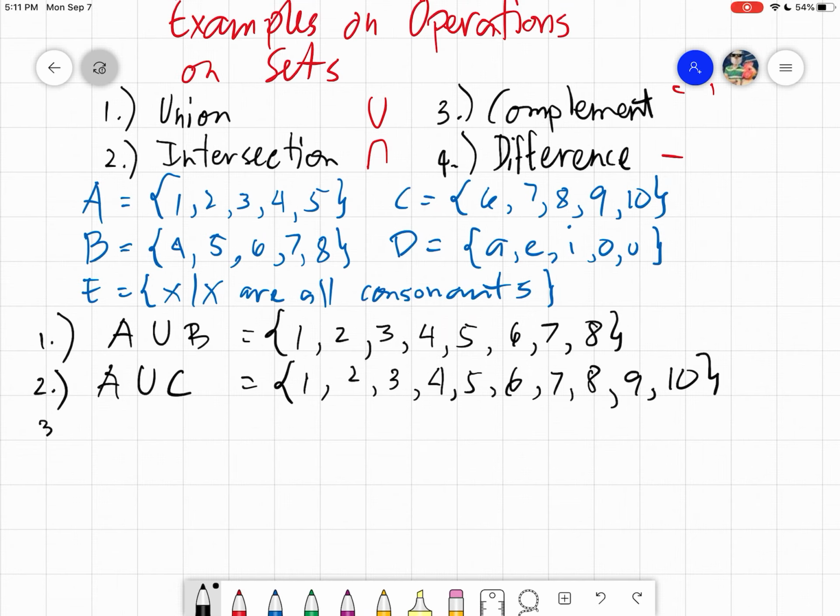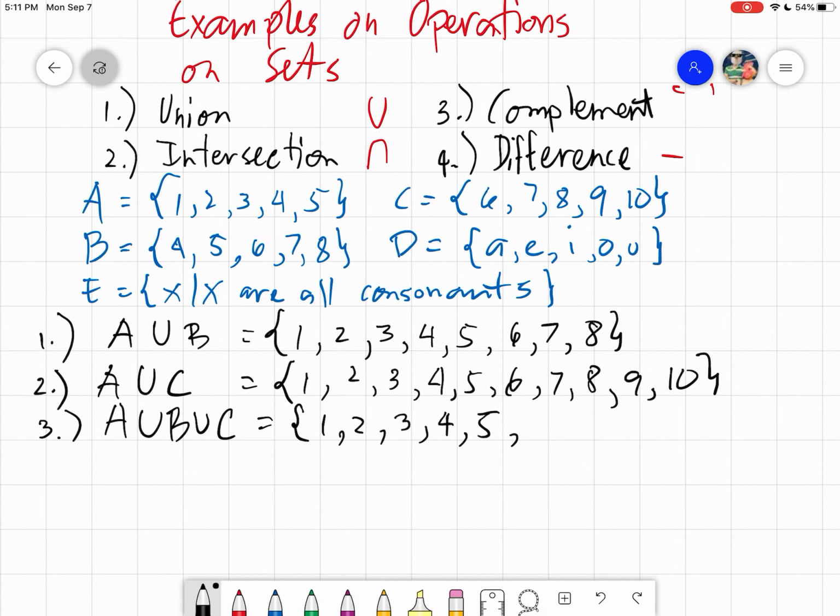Then of course, what if we have 3 sets? We are taking the union of 3 sets: A union B union C, meaning we will be combining all the elements of A, B, and C together. Let's write down first the elements of A, which is 1, 2, 3, 4, and 5.